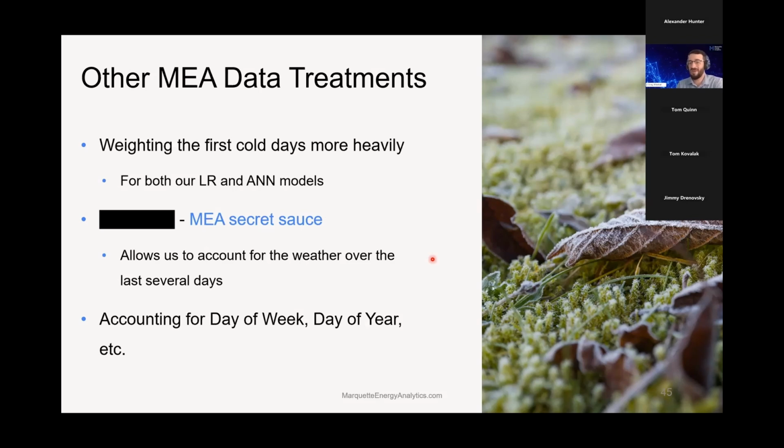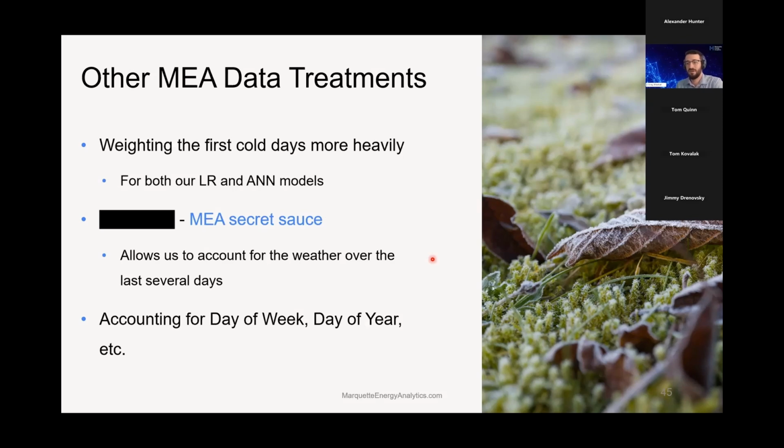And so we weight those data points more heavily so that our models can forecast better on the rarer events rather than doing really well on your average day and then doing poorly on odd days like these first cold days.